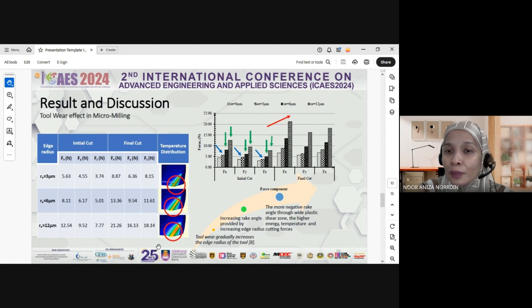Okay, that is because the friction between the chip and the rake face is more than the friction between the cutting tool and workpiece. A large edge radius promotes a higher temperature due to more deformation of the material. It shows that the rising of the temperature along the cutting edge as the tool cuts through the workpiece may lead to the conclusion that the wear increases as the edge radius increases.